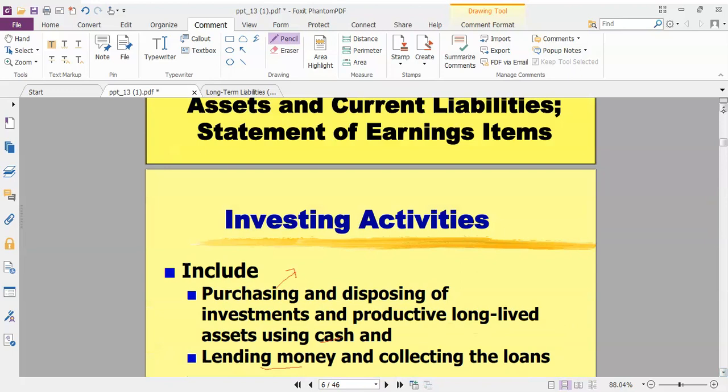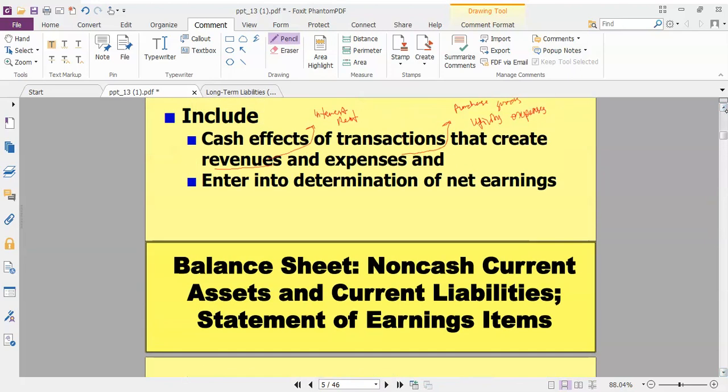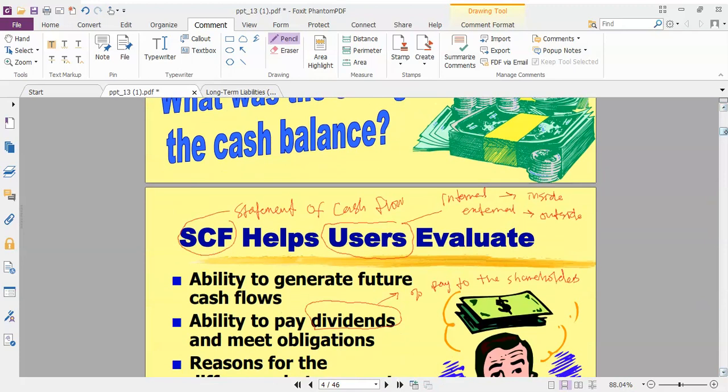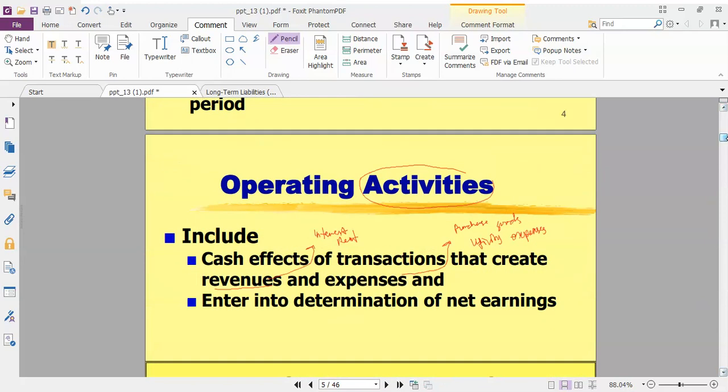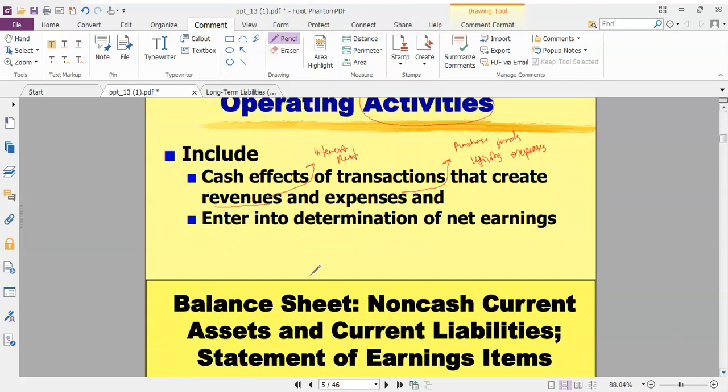If you look here for investing and operating activities inside the balance sheet, we call it a statement of financial position.